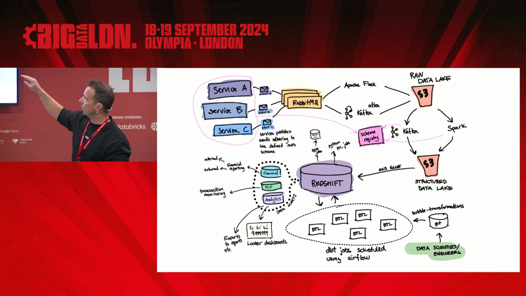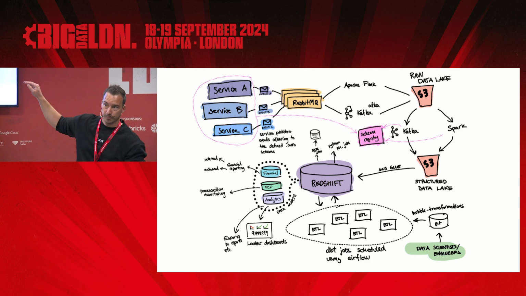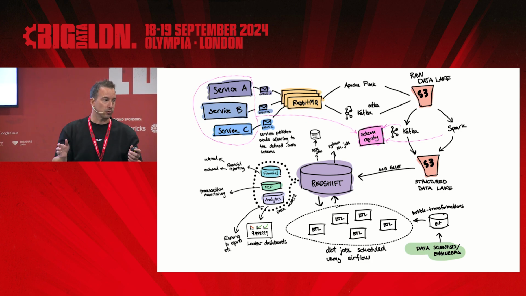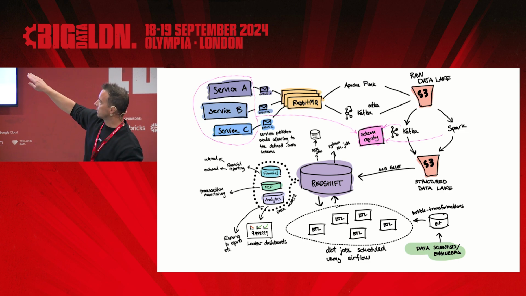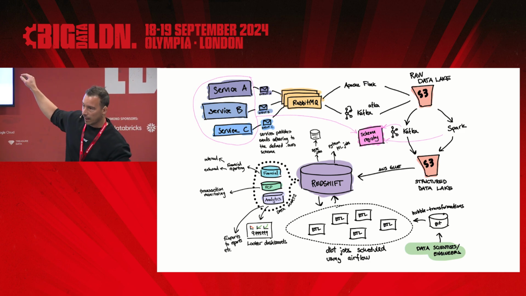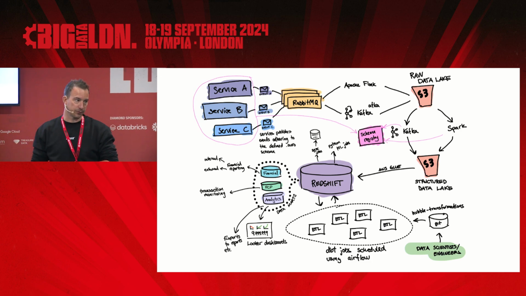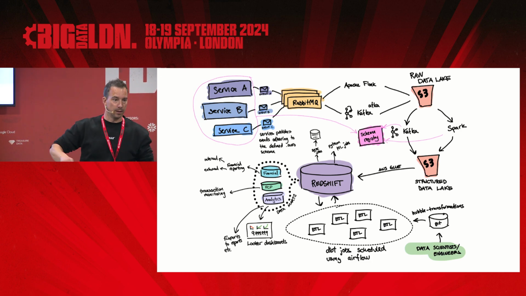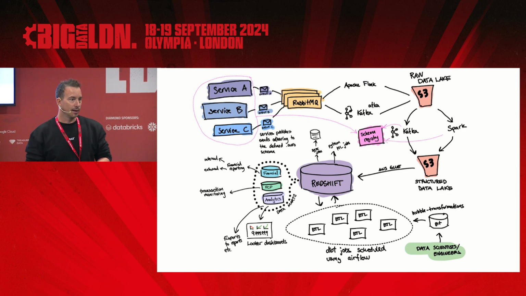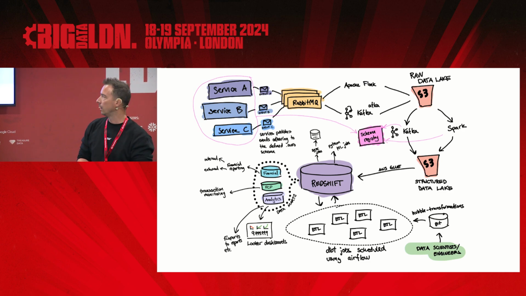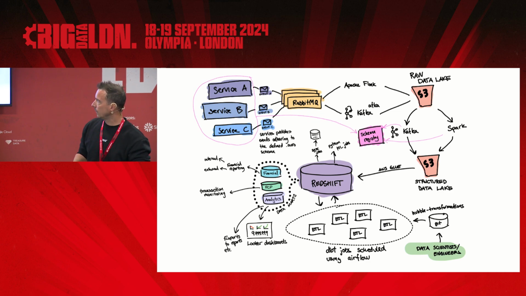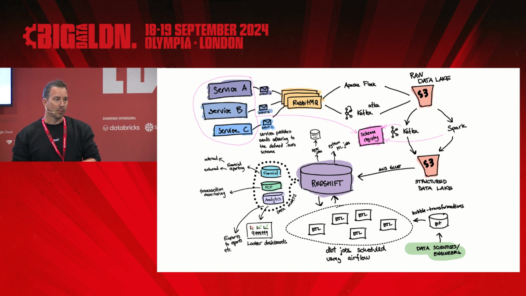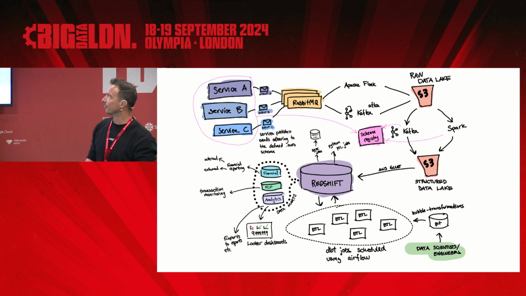Based on the schema that is registered, which describes the structure of this data, we can pull the data out. Then it goes into the structured data lake, and from there we can read it into Redshift. From Redshift, of course, goes all the financial reporting, business analytics, insights, etc. So, it is a bit more complex than it seems.